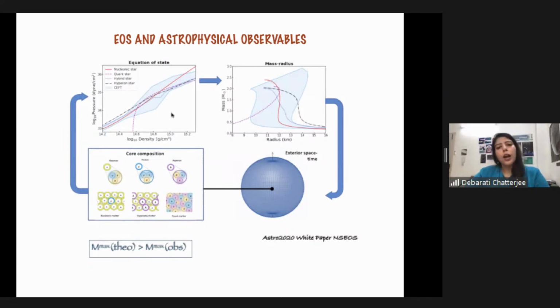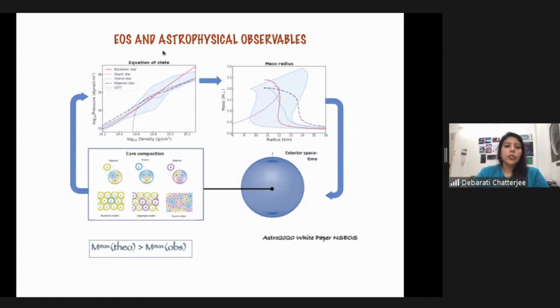And if you have the equations of hydrostatic equilibrium, then you can map them from the equation of state directly onto global quantities, like for example mass and radius. So this specific example shows you that if you have equations of state of this form, what the masses and radii would be, and how you can compare them with observations.